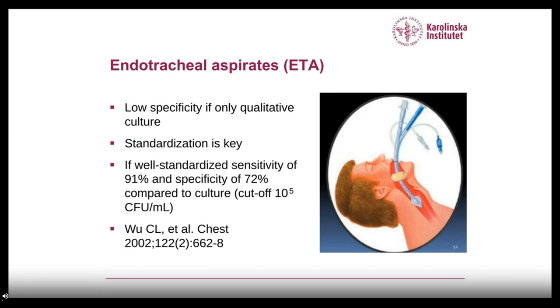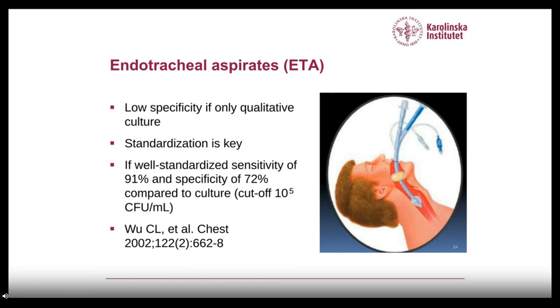One final sample which can also be taken invasively is the endotracheal aspirate, or ETA, which has a low specificity if it's only done in a qualitative manner, but if it's done quantitatively, it's a fairly good test.